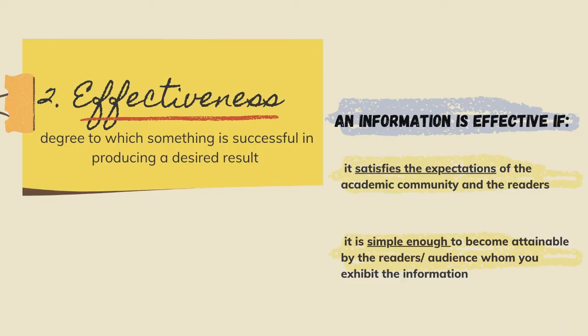This pertains to the degree to which something is successful in producing a desired result. An information is effective if it satisfies the expectations of the academic community and the readers. And the other one is if it is simple enough to become attainable by the readers or audience whom you exhibit the information.